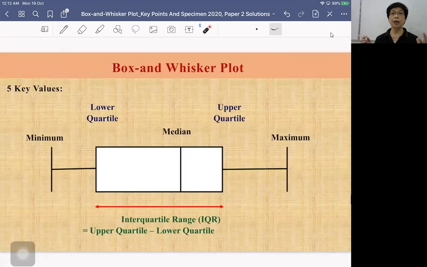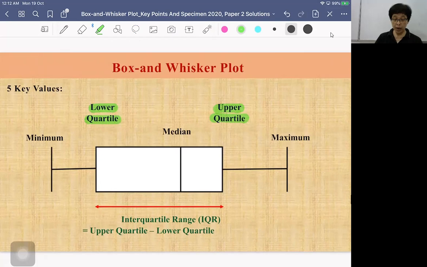These are the last 2 key values that we're going to look at: the lower quartile and the upper quartile. Where are they located? The lower quartile is at the lower end of the box, which is near to the minimum.